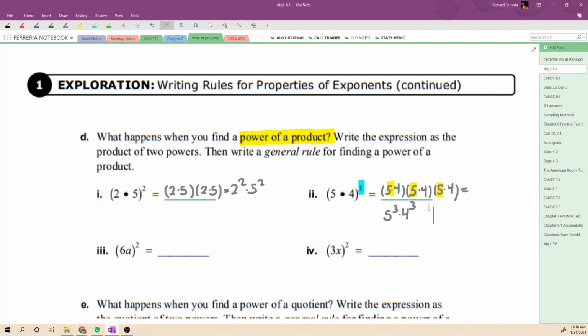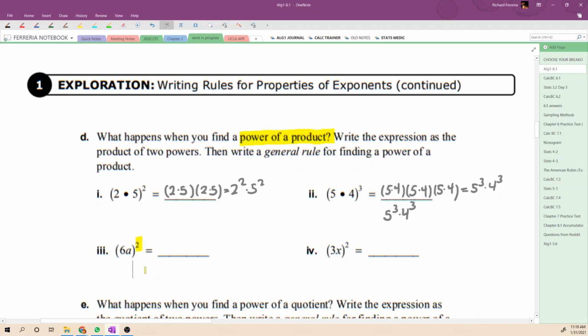Counting up exponents, I've got 3 5's, so that's 5 to the 3rd power. And I also have 3 4s, and that's 4 to the third power. So this looks like this rule of distributing into a product is going to work.